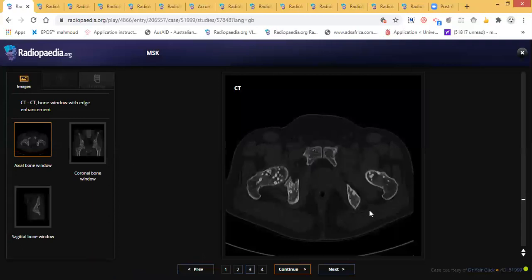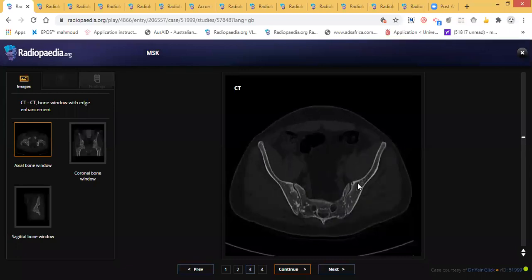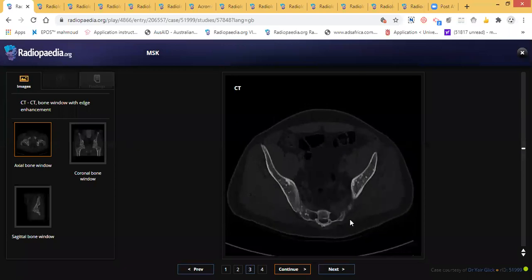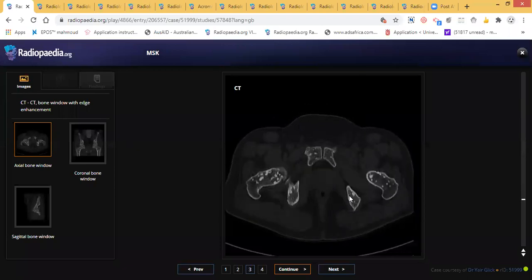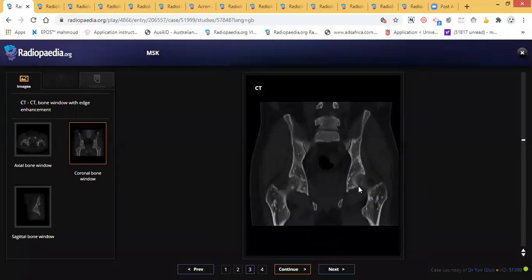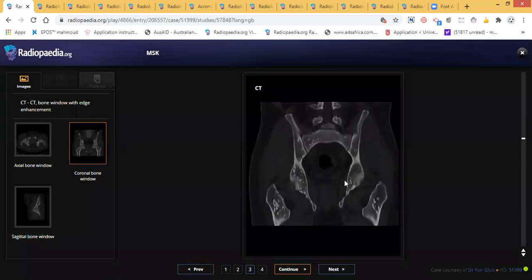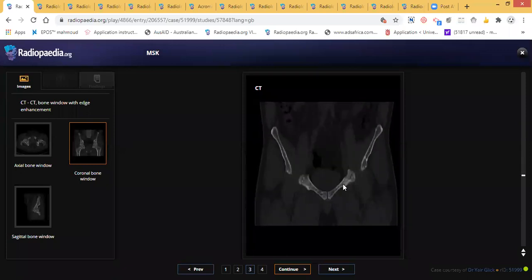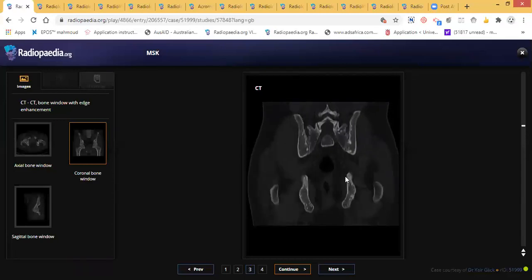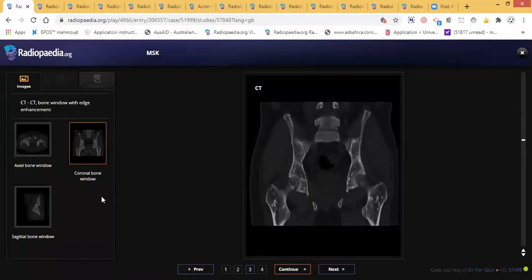You will find many bone islands, which is the osteopoikilosis appearance. But the most important thing is to ask if this patient has any history of a primary, for example history of breast or prostate cancer. I mean, for male prostate and for female breast. Then you will get again this appearance, which is osteoblastic metastasis.